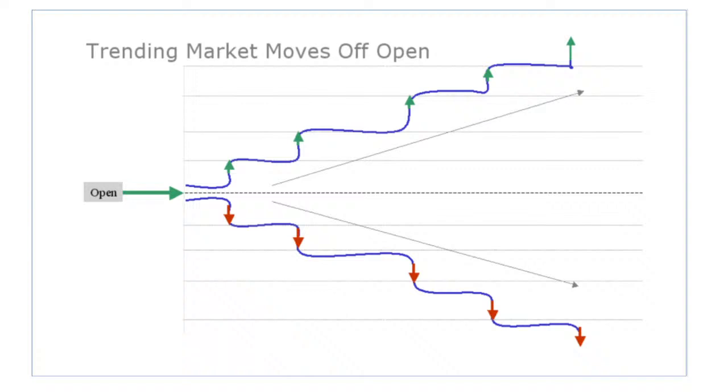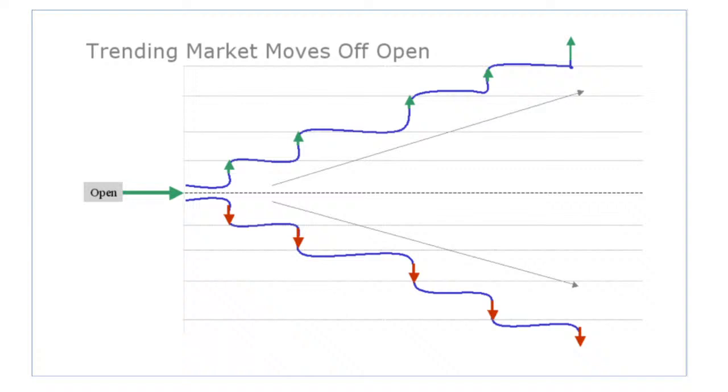We'll move up to a certain level, we'll level off a little bit, and then we make another run higher, and so on and so forth, until basically what you see is the open on the left side of the chart, and on a long day the close is way up in the upper right corner, right? And vice versa for a short day.